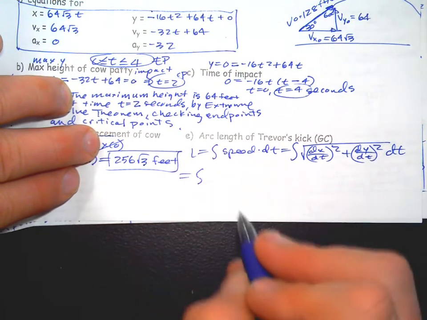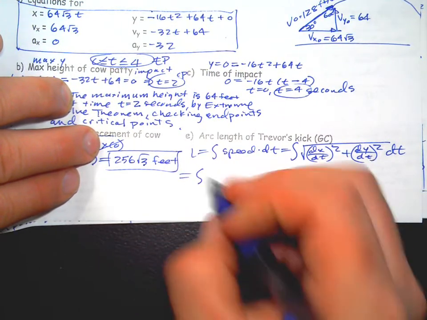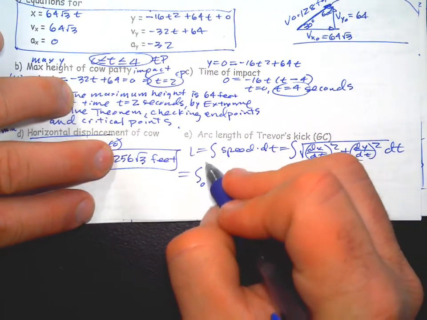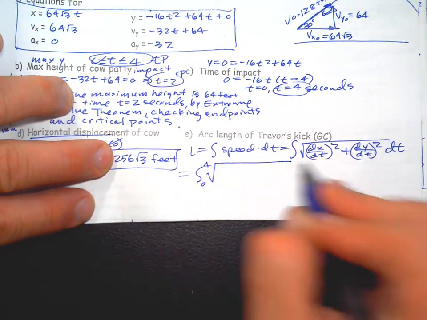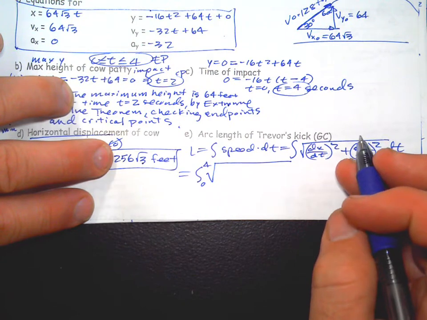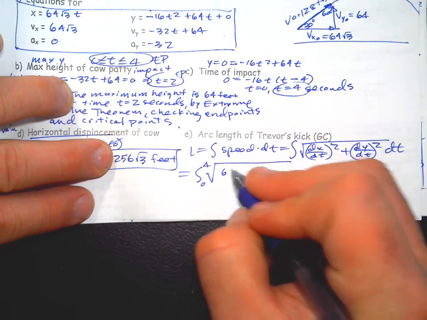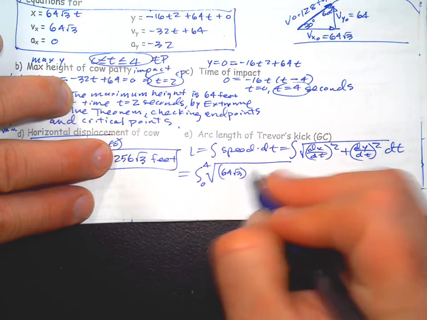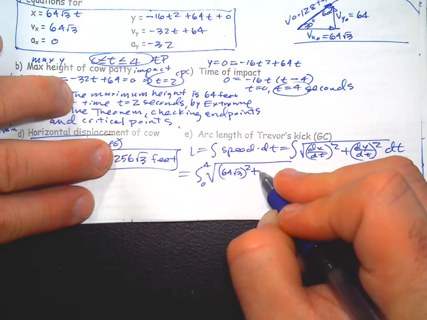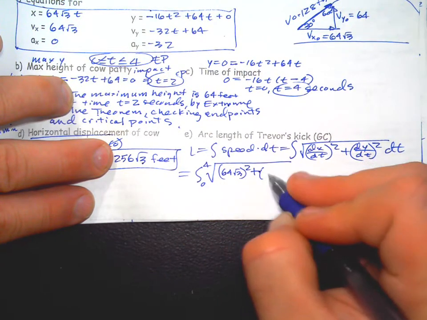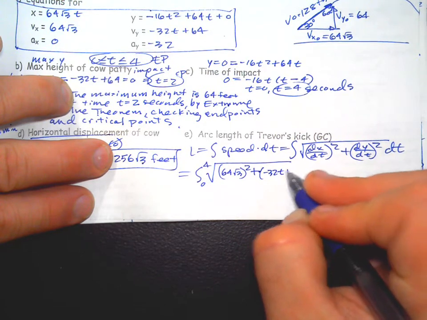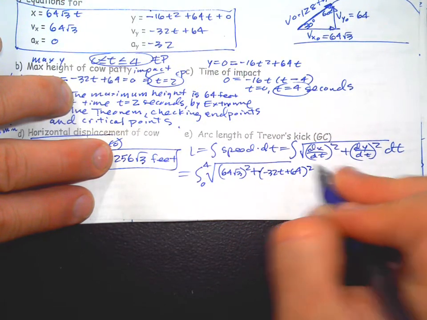So we're going to start at 0 and end at 4. Dx dt was 64 root 3 all the time. Dy dt was -32t plus 64, squared, dt.